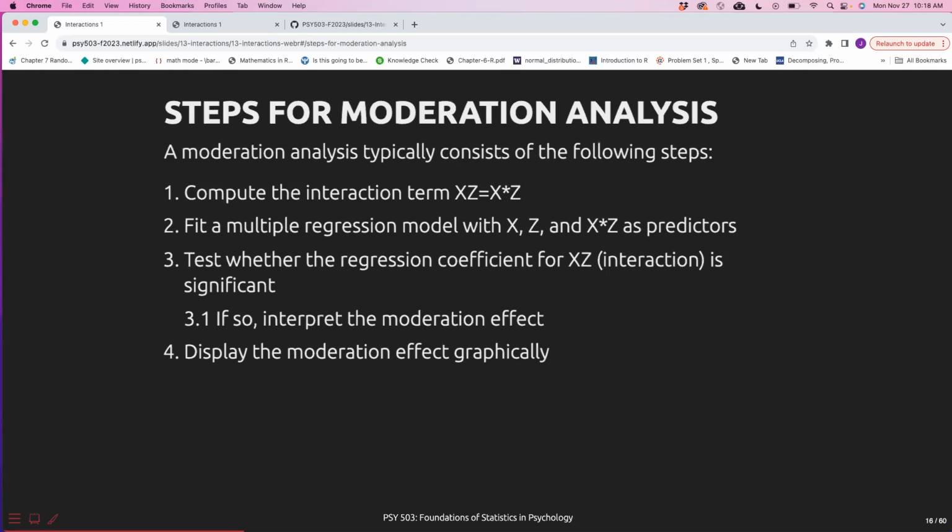Then we test the coefficients, whether they're significant or not, like we've been doing. If our moderation effect or interaction coefficient is significant, we follow that up to determine where the interaction is coming from. Then we display the moderation effect graphically. These are the steps we're going to take to perform a moderation analysis.